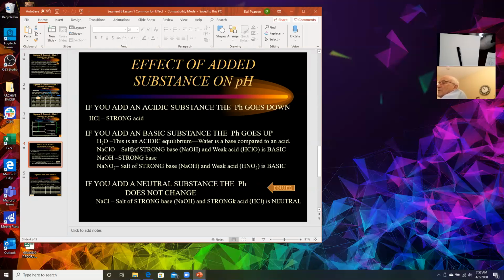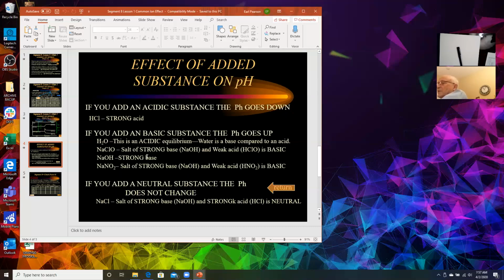Sodium hypochlorite, even though it's a common ion, and we got the correct answer looking just at the common ion effect, it also is the salt of a strong base, sodium hydroxide, and hypochlorous acid is a weak acid. So the salt is going to be basic because it's made from the strong base.